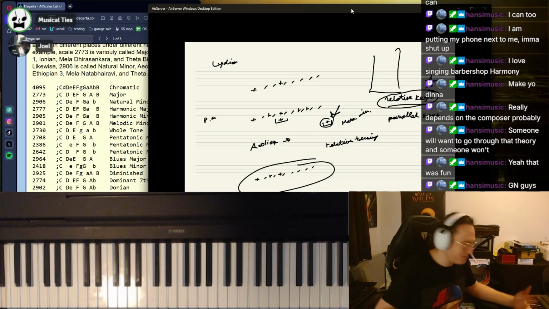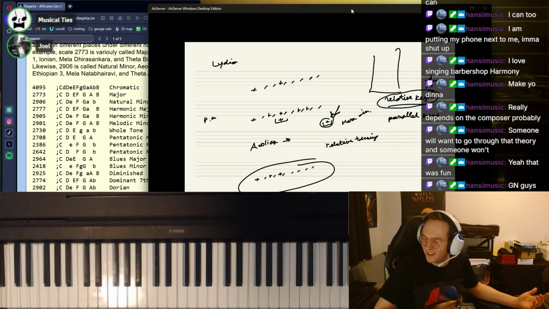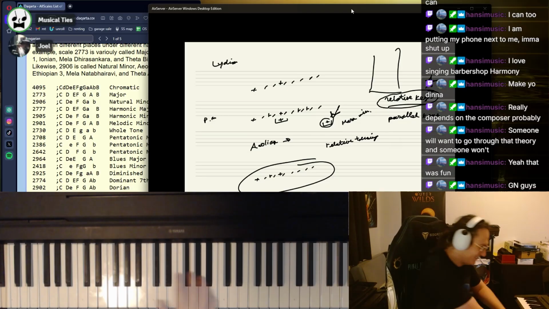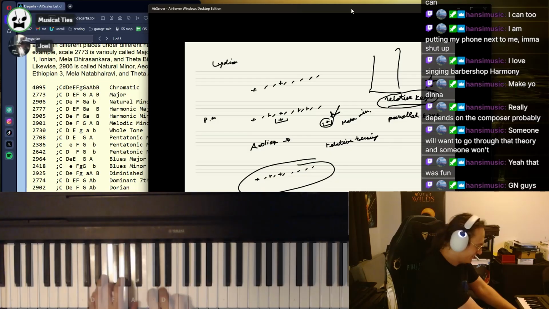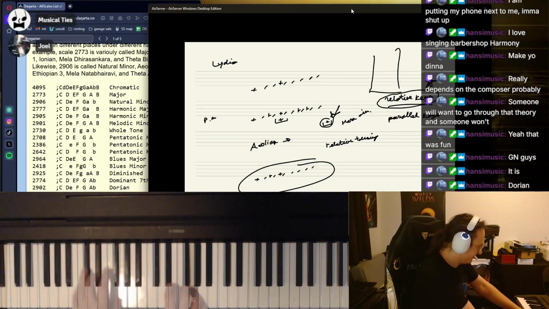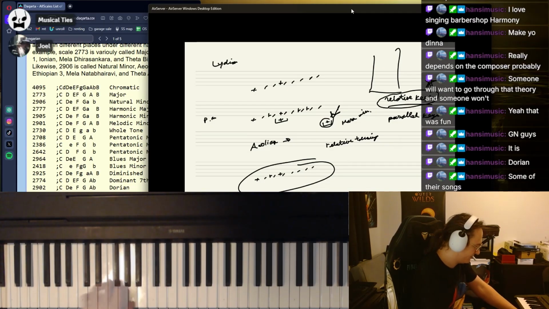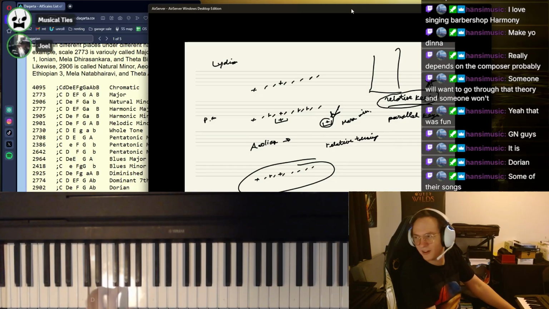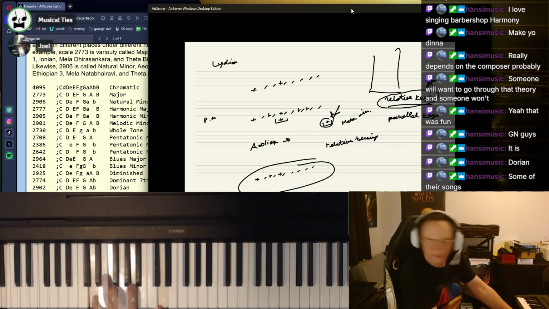What key is Pirates of the Caribbean in? It's not Dorian though, right? I think it's in a classic minor. Yeah, it's in a classic minor.